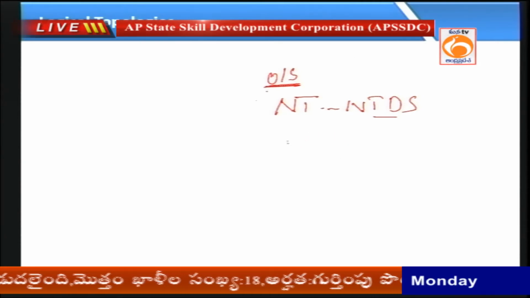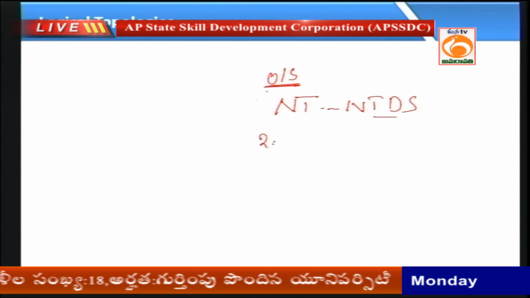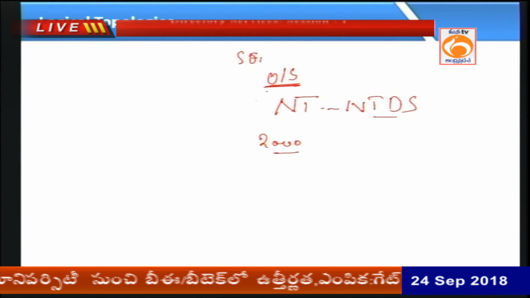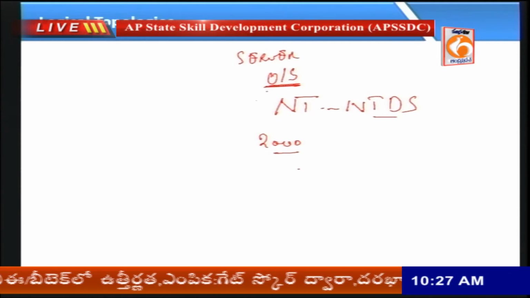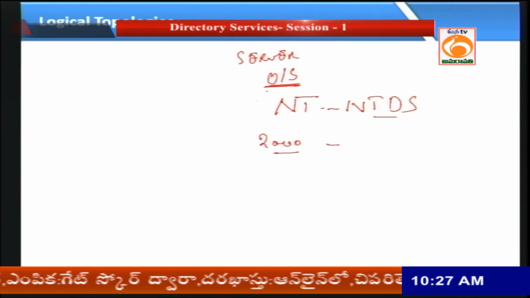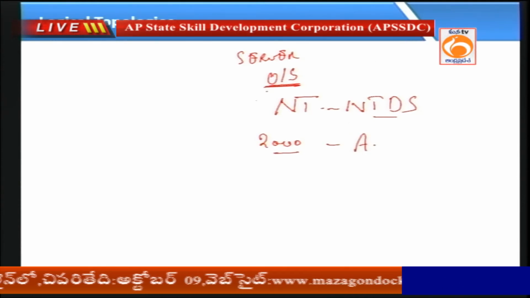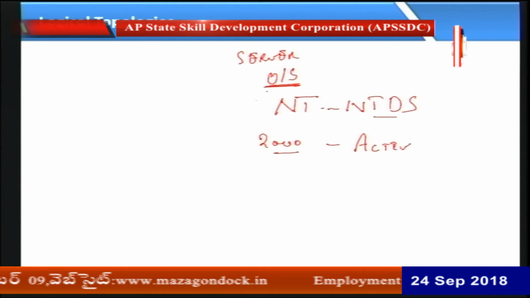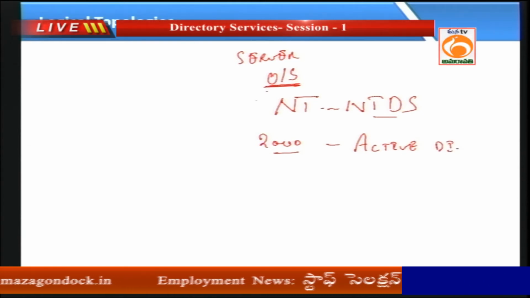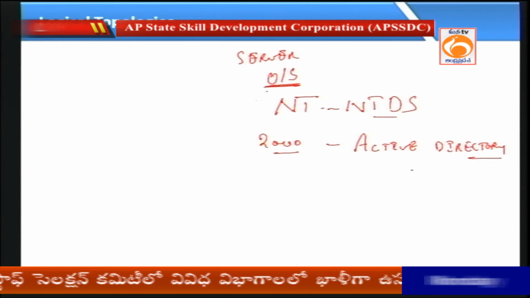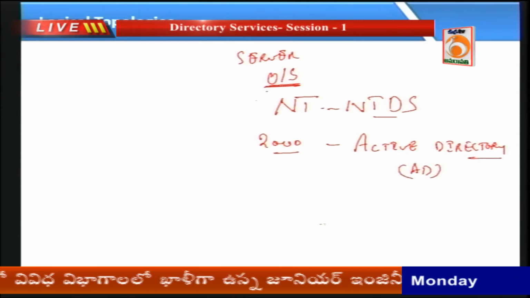After NT, next we have the 2000 server OS. In the 2000 server operating system, the directory services is known as Active Directory. We will shortcut and call it AD.